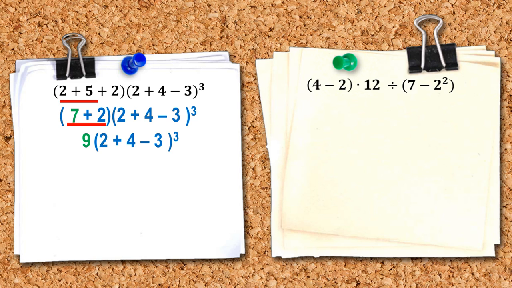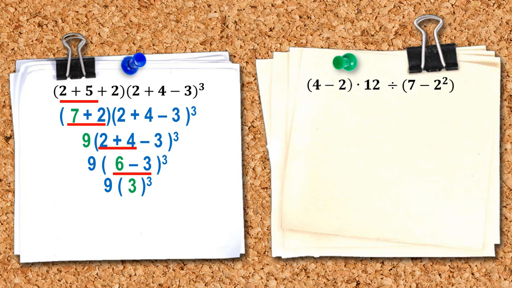I'm going to start with addition. 2 plus 4, I underline, I evaluate, I rewrite. The only other operation inside that set of parentheses is another addition subtraction. So 6 minus 3, I underline, I evaluate, I rewrite. At this point, that set of parentheses is simplified down to one value. So all parentheses are done.